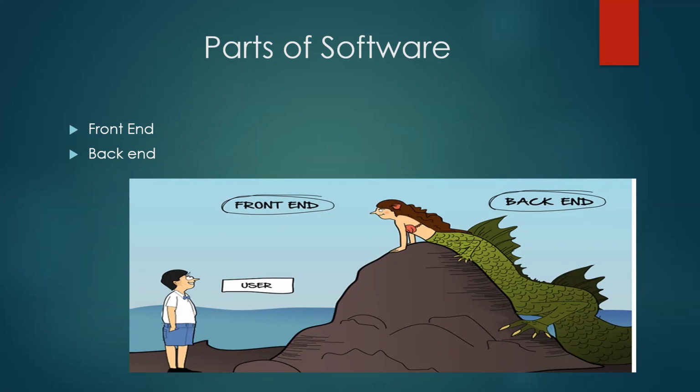All the functions or the nature of the software depend on this backend part. Basically this creature is not a girl, it is something like a snake, but the user can see only the front part. The backend will decide how the software will work and what the logic behind it is. This is the difference between front end and back end.